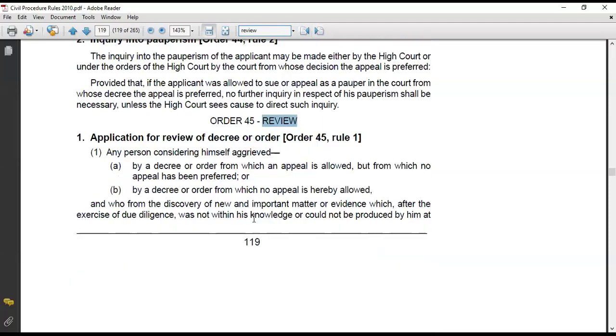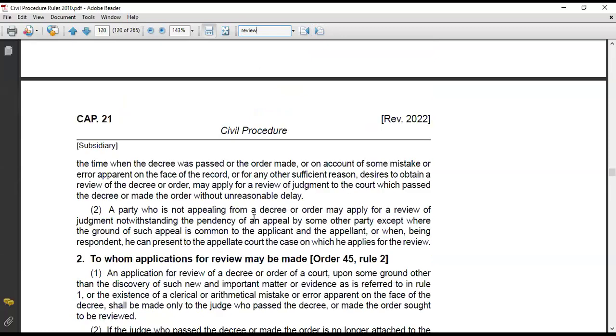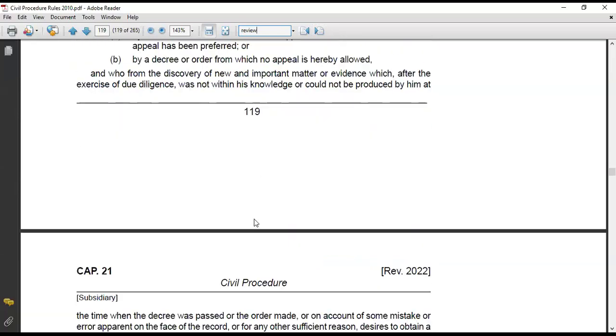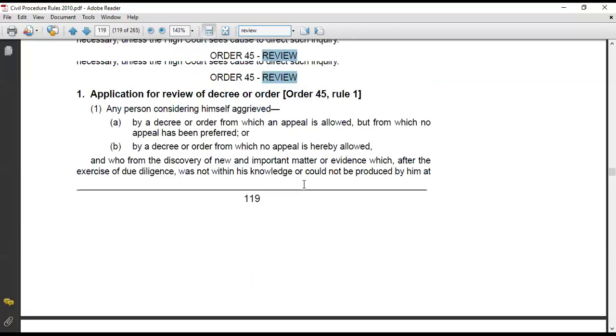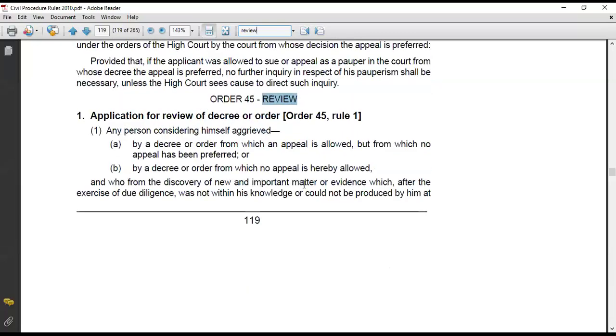So you must understand your Order 45 very well. So I project Order 45. What does Order 45 say of the civil procedure rules?